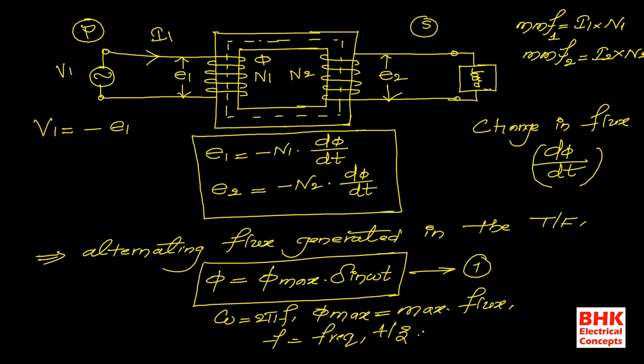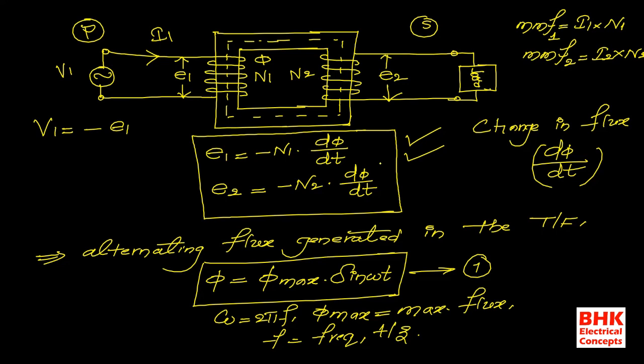Now we are going to enter into the actual concept, and in order to get the exact EMF expression, we need to take the help of these two expressions: E1 is equal to minus N1 into d phi by dt, E2 is equal to minus N2 into d phi by dt.